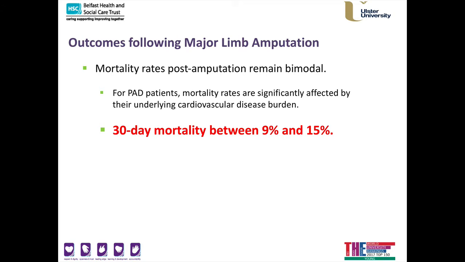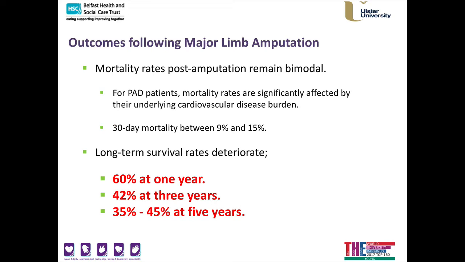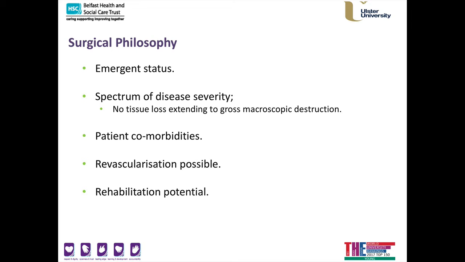We have 10% or more 30-day mortality, and that's for the global spectrum, particularly when you do crash amputations in emergent patients in their 9th or even 10th decade of life. However, long-term survival is still bad, with 60% surviving 1 year, and this drops significantly in 5 years. And that's really the systemic manifestations of cardiovascular disease that catch up with our patients.